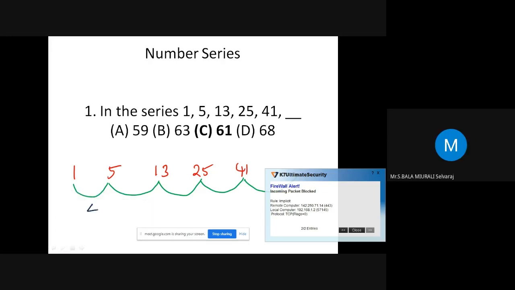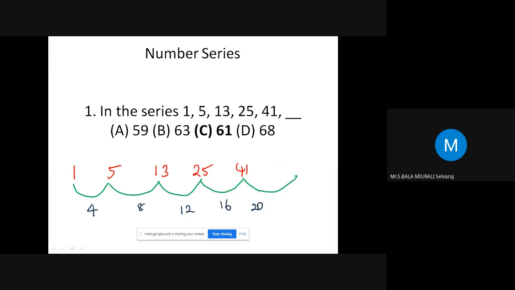Correct. The difference is 4, 8, 12, 16, 20. So the next difference should be 24? No, the next difference should be 20, correct? 41 plus 20 is 61. So the answer is 61.